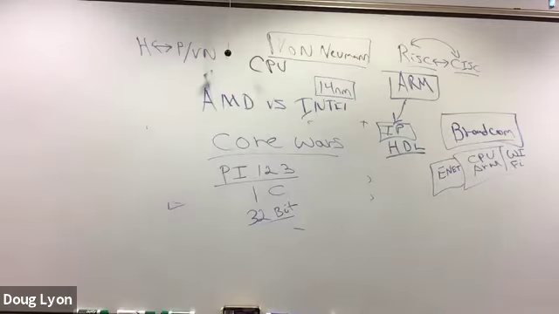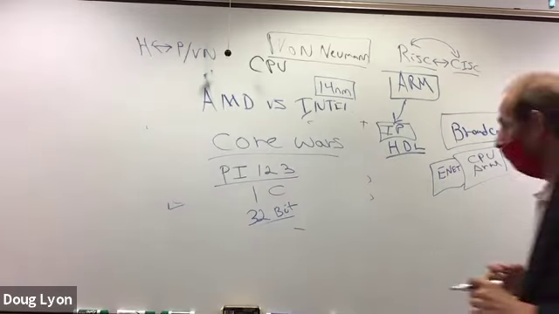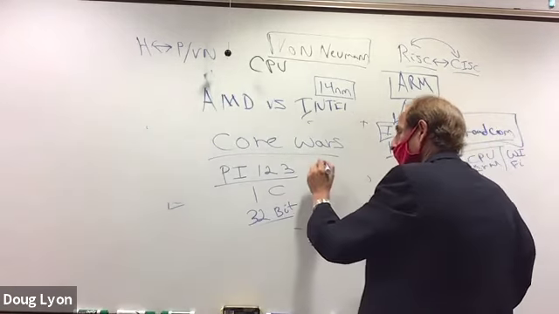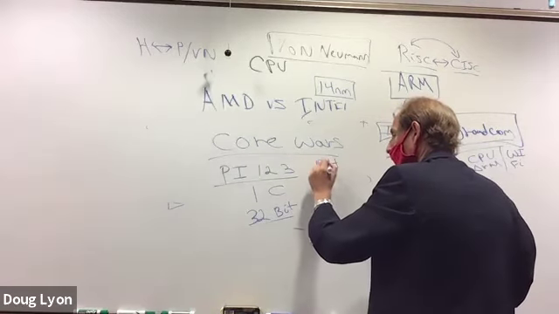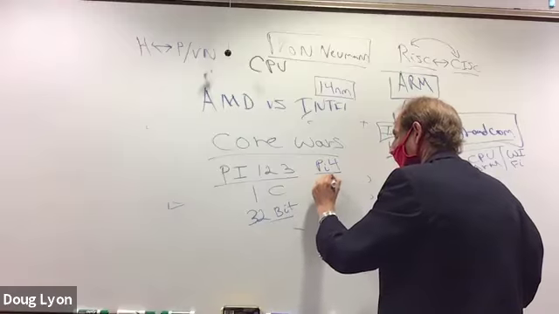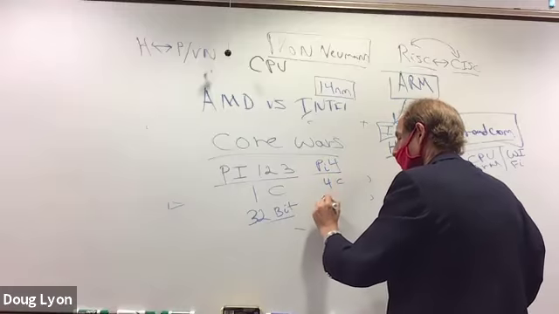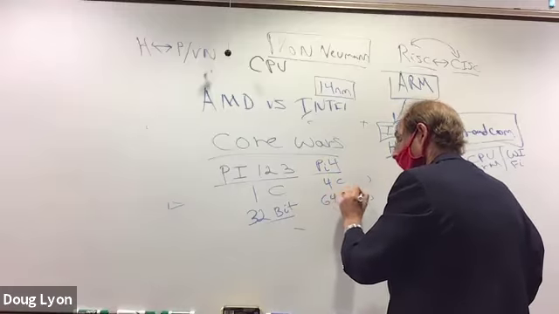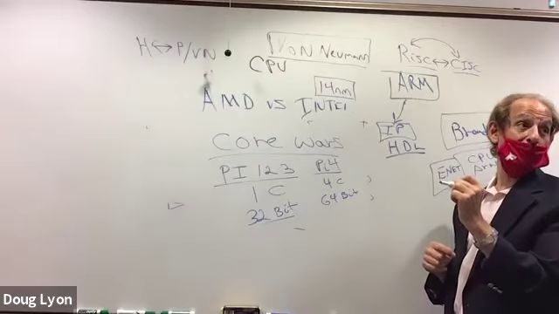Raspberry Pi is a little $35 single board computer. I have too many of these, more than I know what to do with. And then they came out with Pi 4. And Pi 4 had 4 cores. It was a 64-bit machine. And by the way, no longer $35.